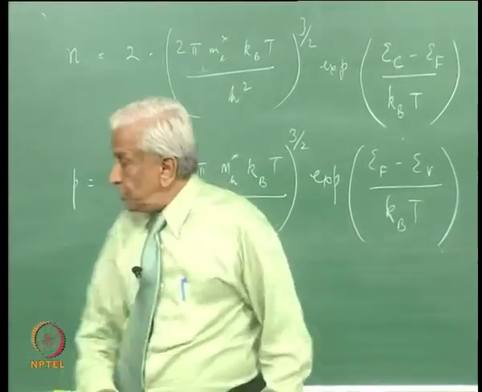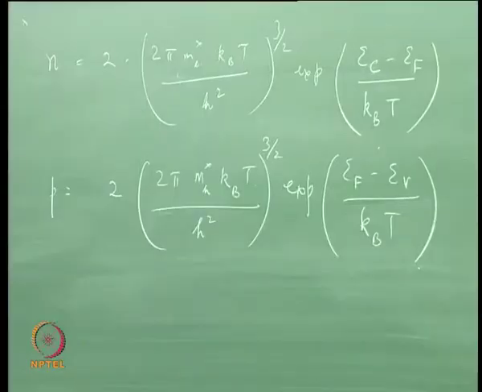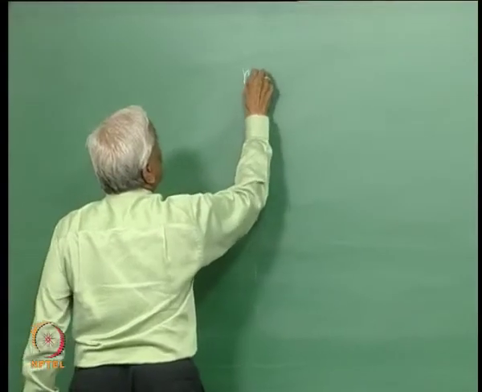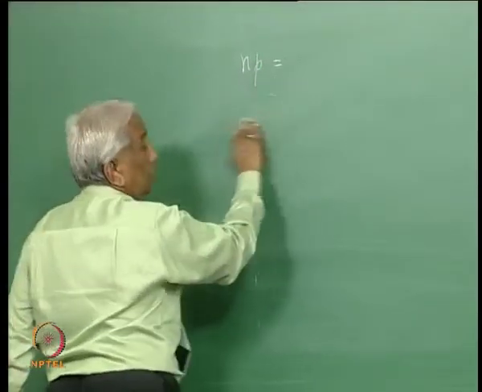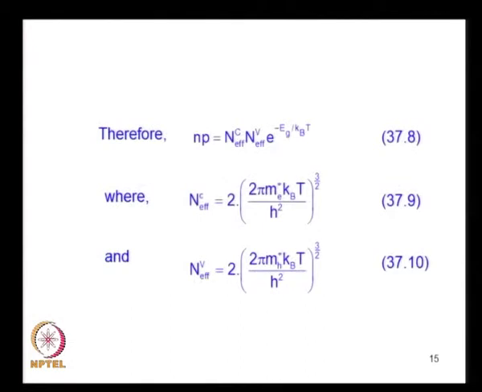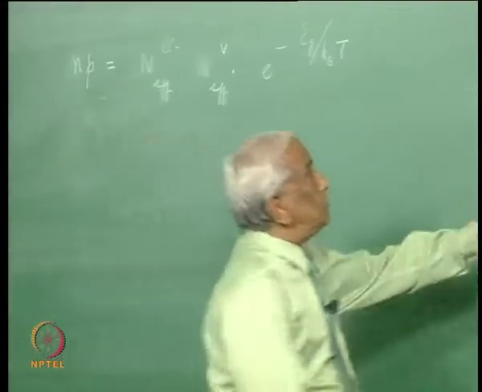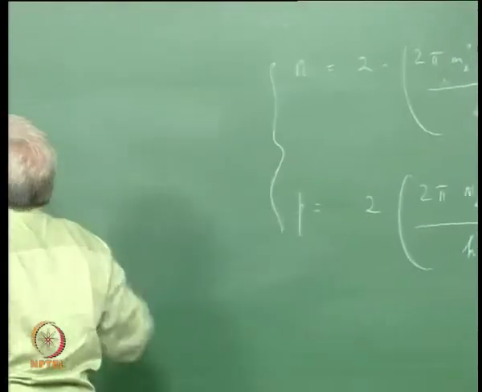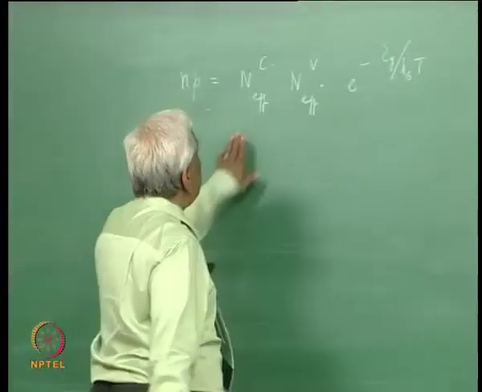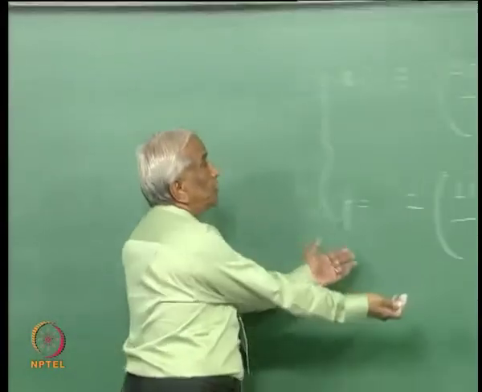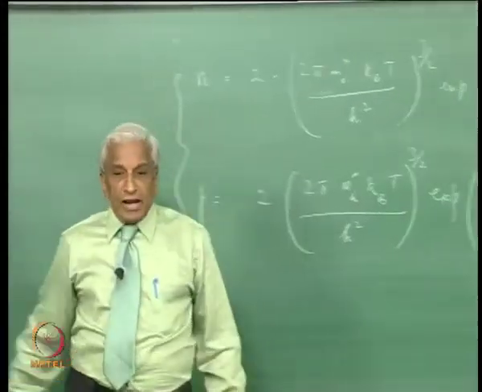So the product of these two becomes n times p, considering these two and taking the product of these two expressions, where these are the partition functions which are given by the pre-exponential factors here.